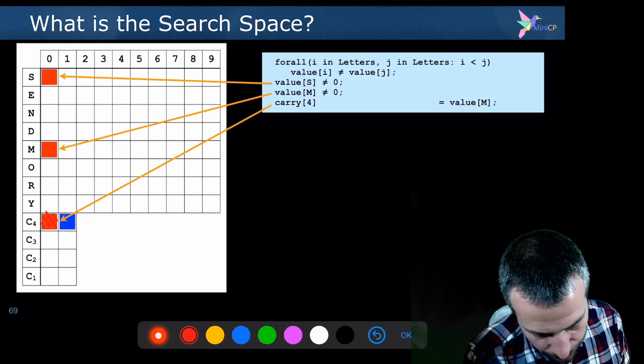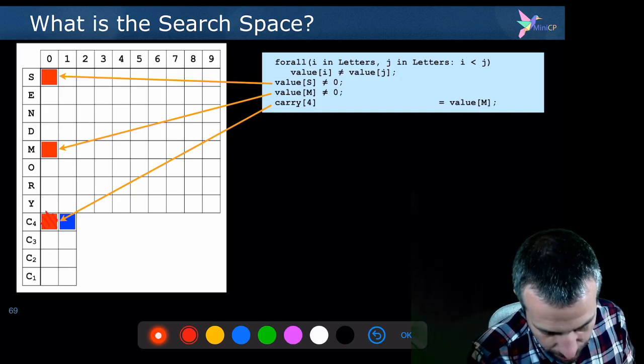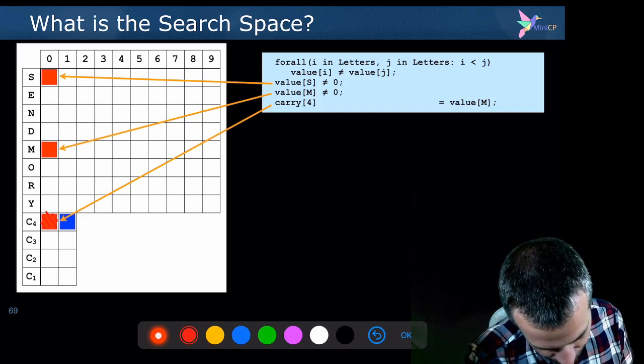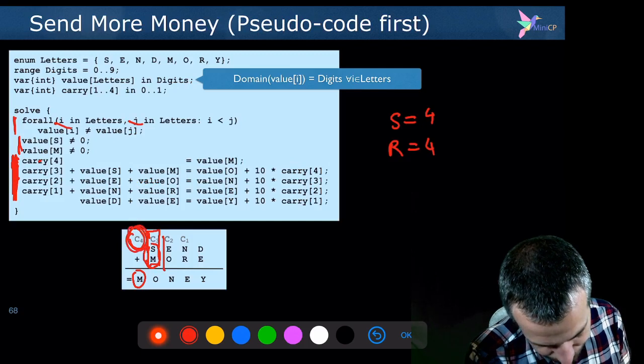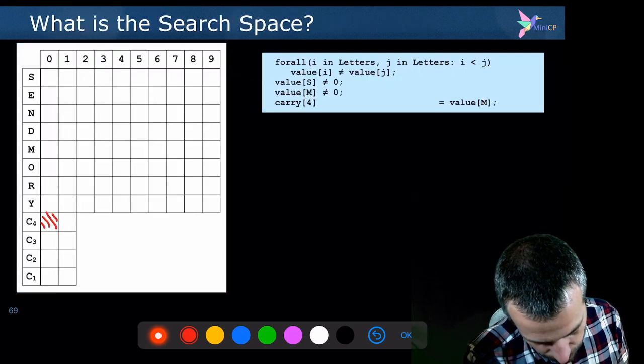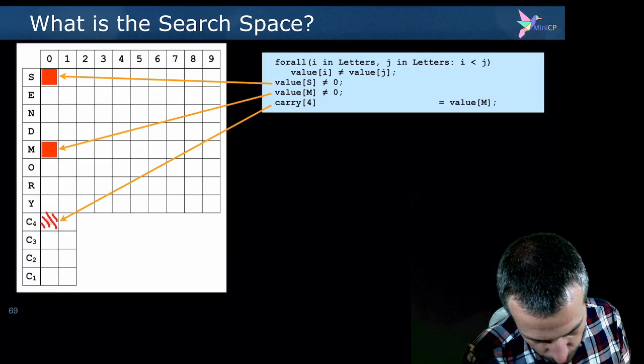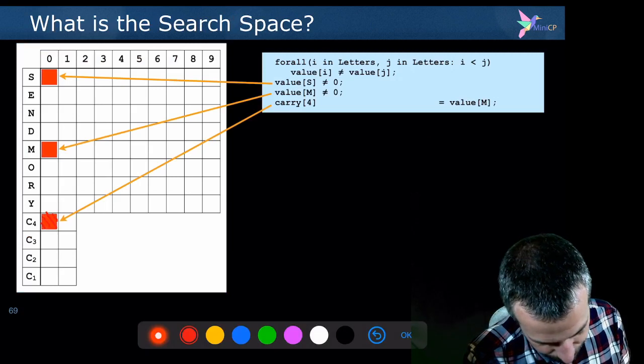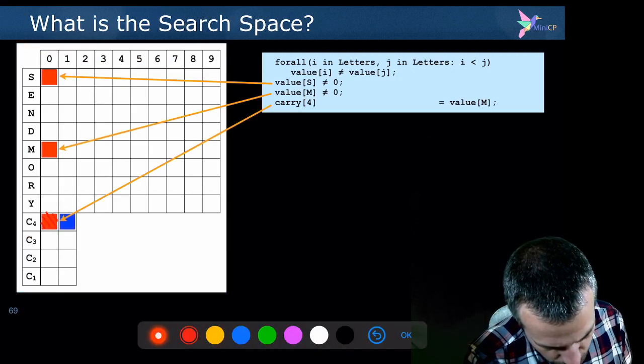If you remember in the send more money, the carry 4 was the one completely to the left. So we know that the carry 4 is equal to 1. What can we deduce from this?